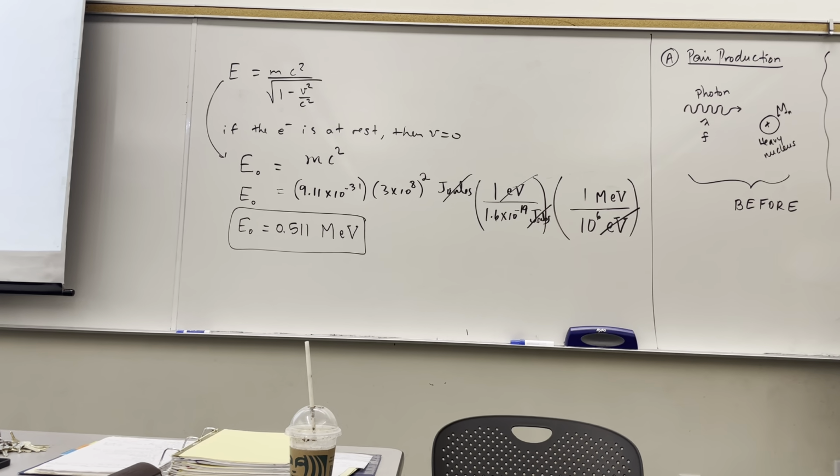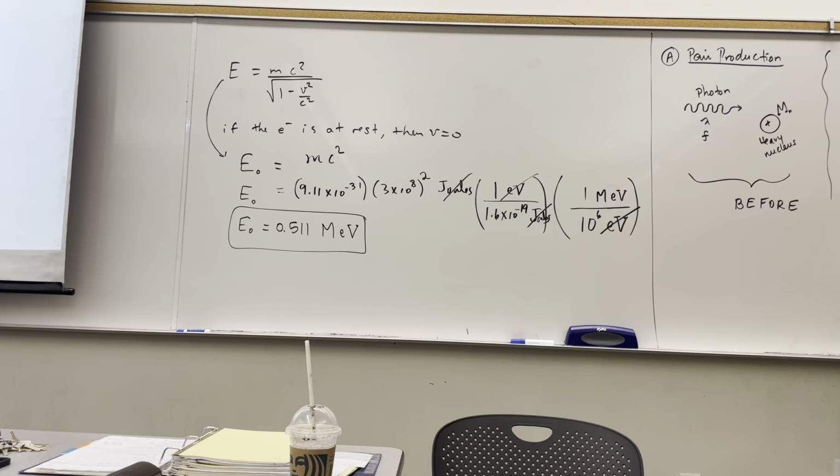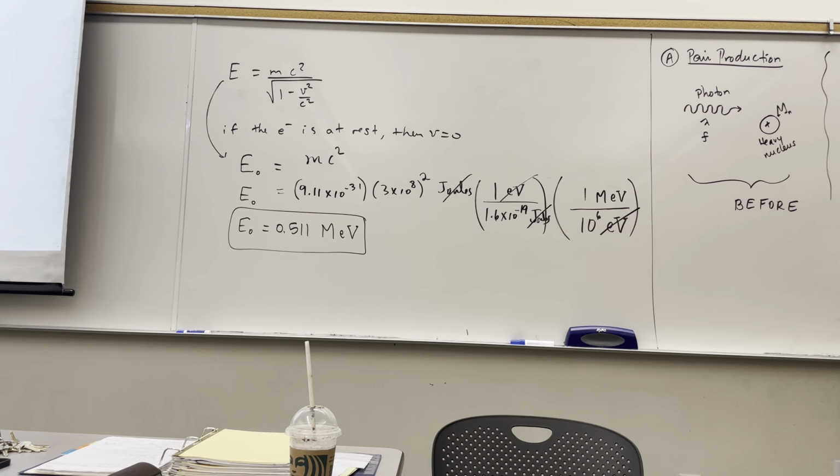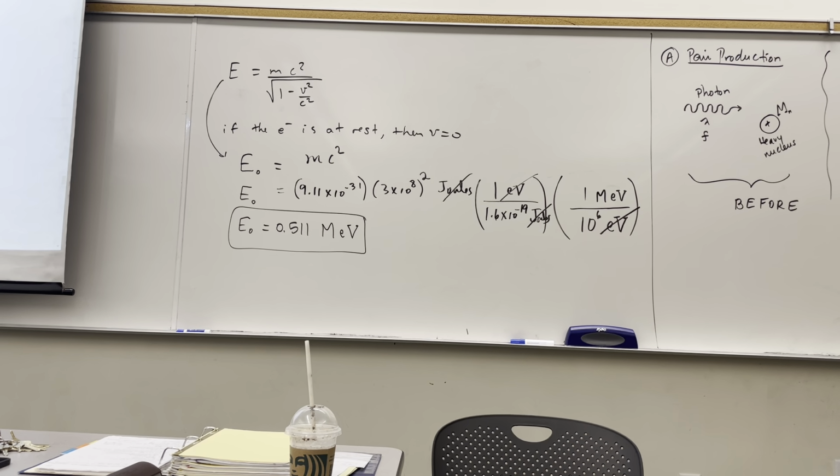But the photon is gone, and two particles pop out. One of them is an electron, where the mass is m, and the other is a positron, which has the same mass as the electron.